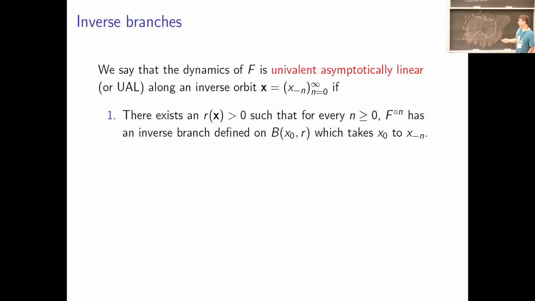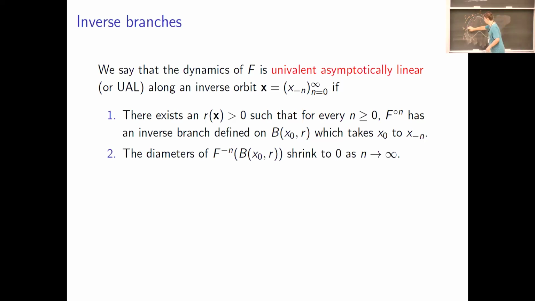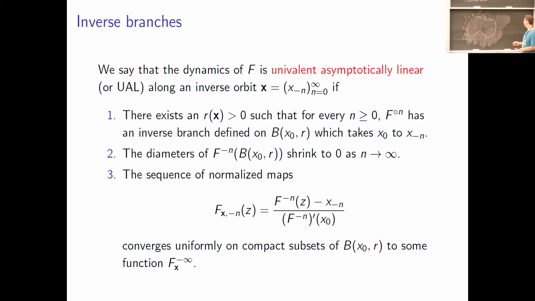But there are two more conditions. We also want the diameters of the pre-images to shrink. And finally, we want F to be more and more linear when we iterate backwards. So we want F to be asymptotically linear, and linear enough so that we can extract a rescaling limit from the inverse iterates.